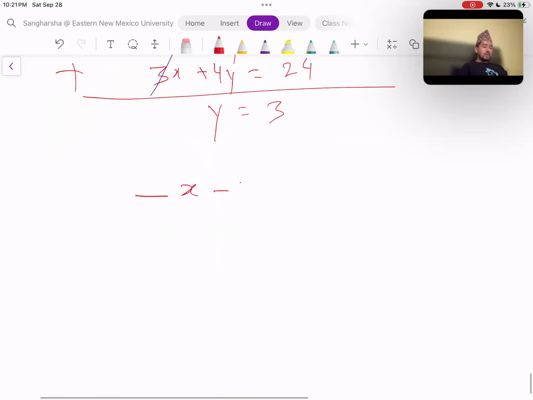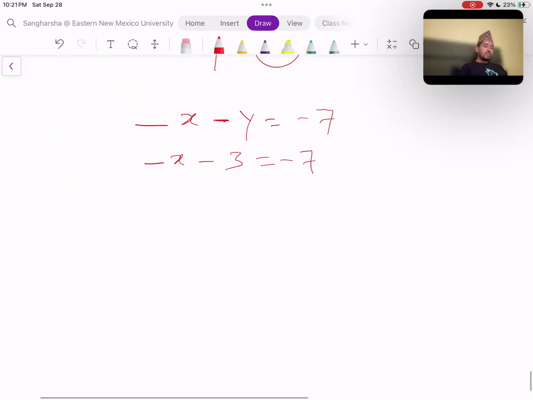So we have -x minus y equals -7. You substitute 3 for y. So we have -x, negative as it is, minus 3 equals -7. You are solving this equation for x. So you add 3 on both sides. -x equals, this is gone, -7 plus 3, -4. You need to get rid of the negative, so divide by -1.